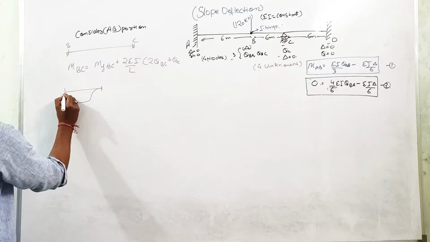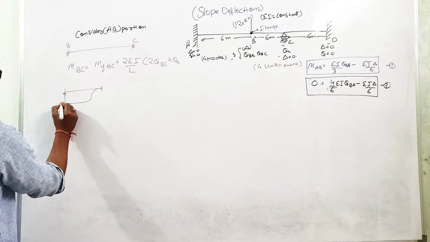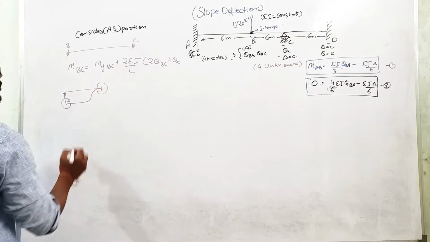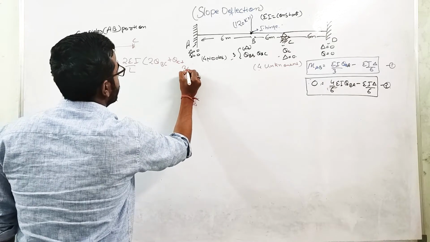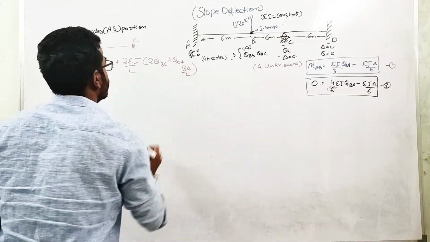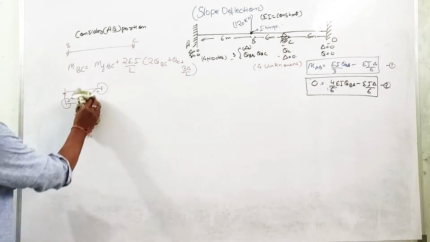Okay, this B, this internal hinge, is coming down. Okay, so at this point there will be clockwise movement. Okay, so now I can write here plus 3 delta by L, right? This thing we have already discussed in detail.